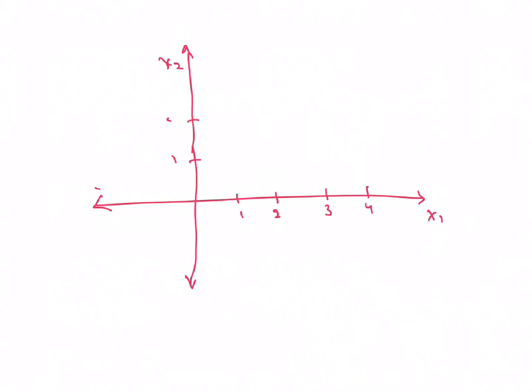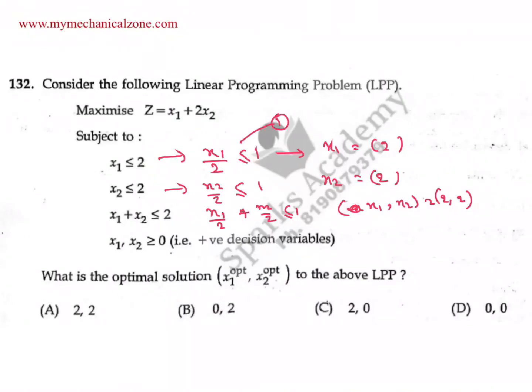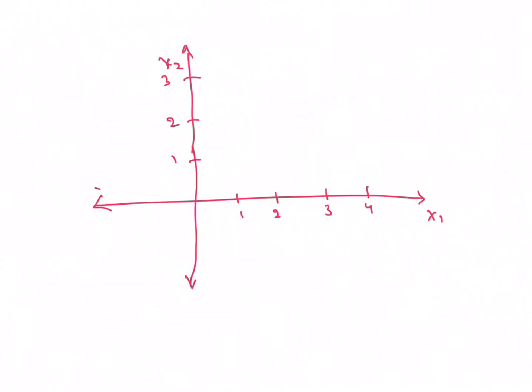So from first equation we will write this one, first equation, this one second equation, and this one third equation. From equation 1, x1 is less than 2, so this direction, 2 is your coordinate.